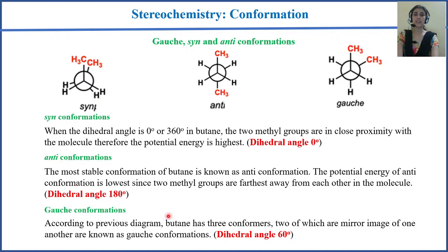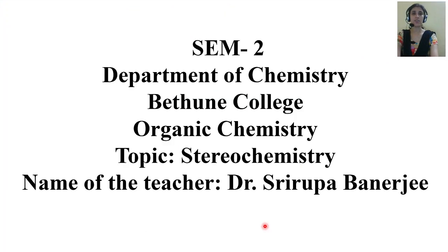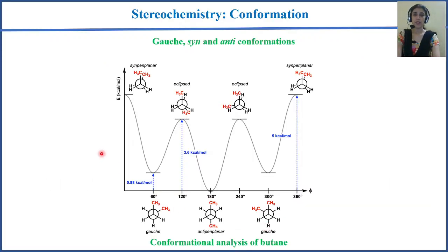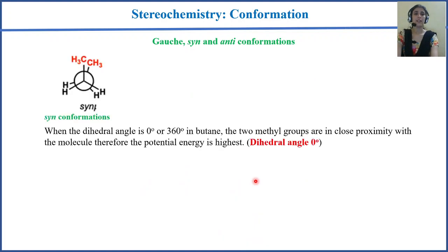According to the previous diagram, butane has three conformers. We know that. Just see, this is the conformational analysis diagram, potential energy versus dihedral angle, and these three are the energy minima positions of this curve. So these three are conformers.